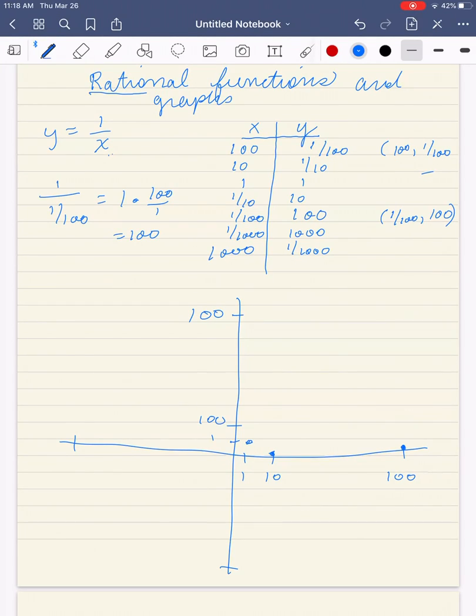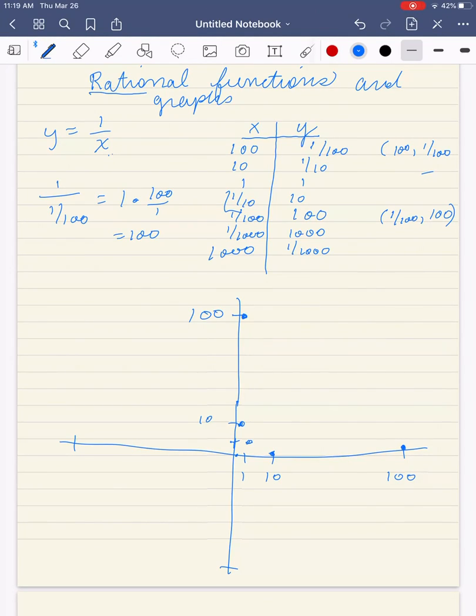Now when we get closer to the y-axis, we see that when x is 1 over 10, about right here, then y is, oh, for crying out loud, this should be 10. When x is 1 over 10, y is 10. And when x is 1 over 100, which I can't really plot, but it's very, very close to the y-axis, y is 100.